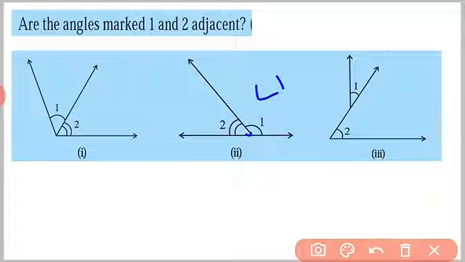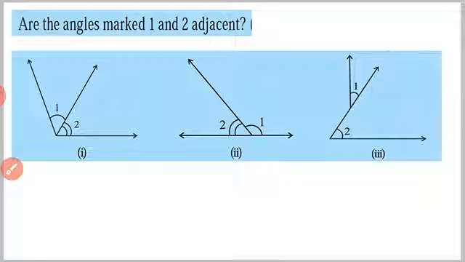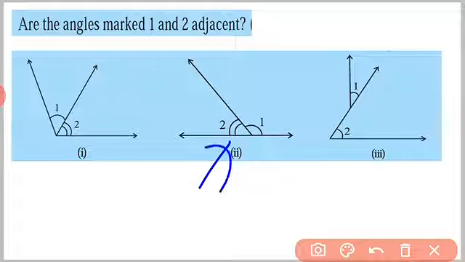So they both have a common origin, and this is the common arm, and these two are non-common arms lying on either side of the common arm. So they are also adjacent angles. In this case also angle 1 and angle 2 are adjacent.